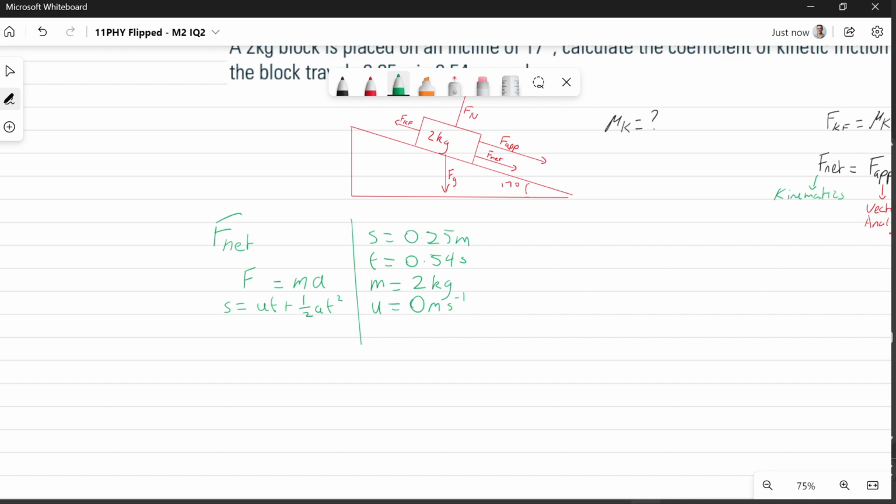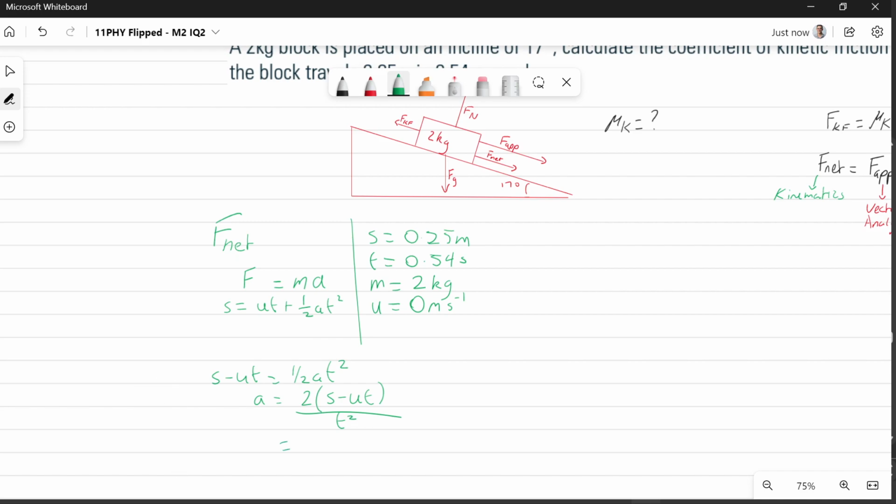So the first thing that I'm going to do here is subtract UT. So S minus UT is equal to half AT squared. The next step, I'm going to multiply up the 2 in the half and divide down the t squared, which means that we're going to end up with A is equal to 2 times (S minus UT) divided by t squared. From here, we can substitute and solve for A.